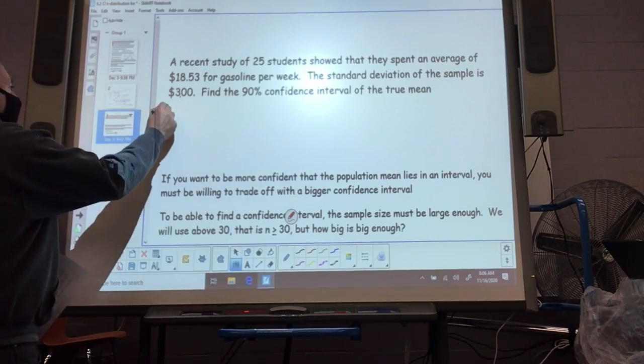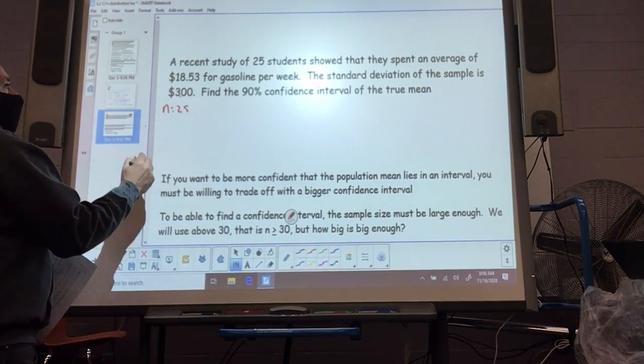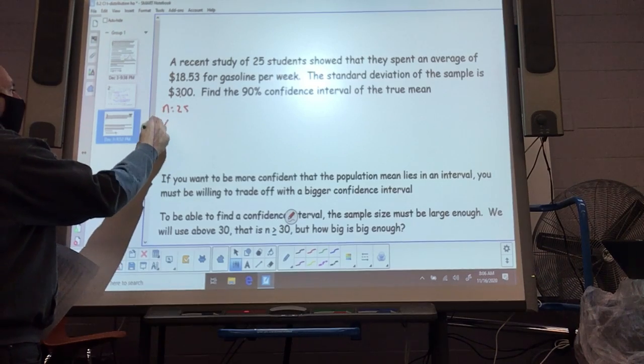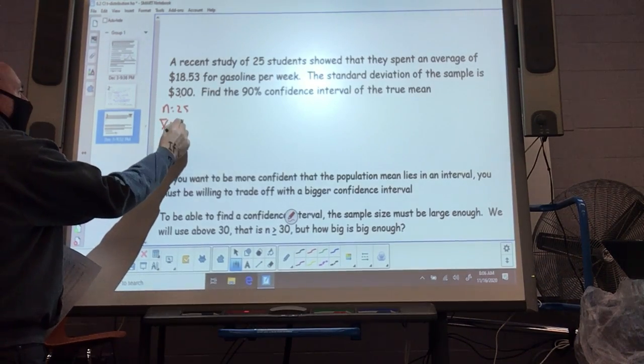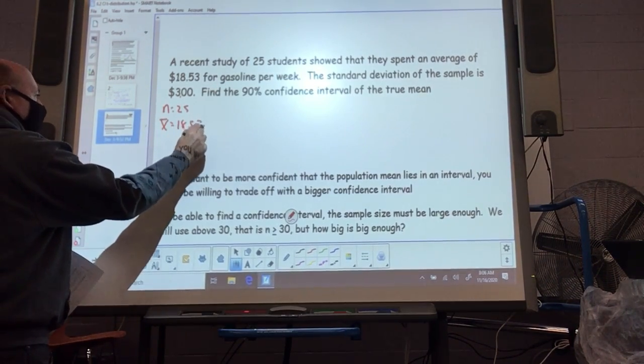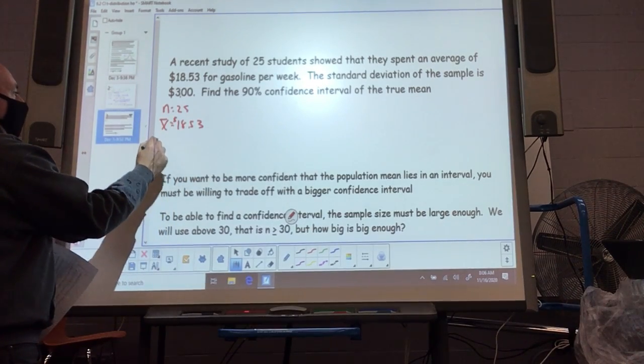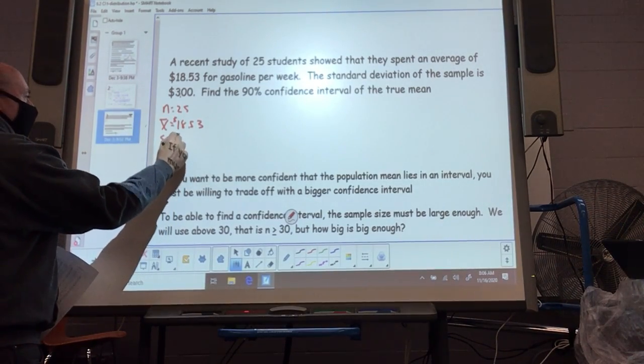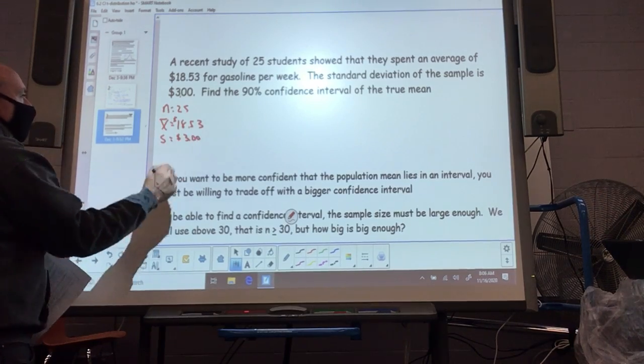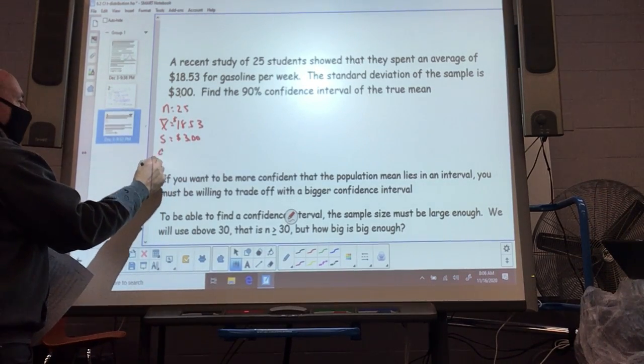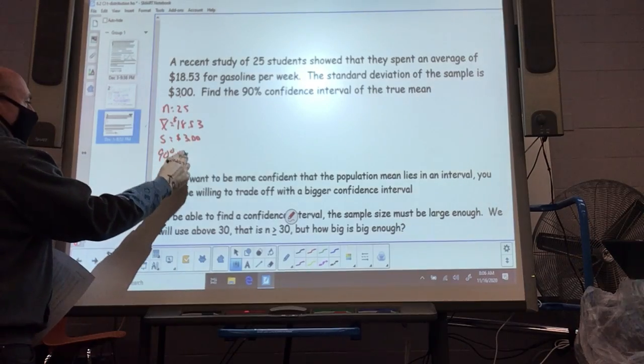So we have n is 25, an x bar, sample mean, $18.53, a sample standard deviation of $3. We want to do a 90% confidence interval.